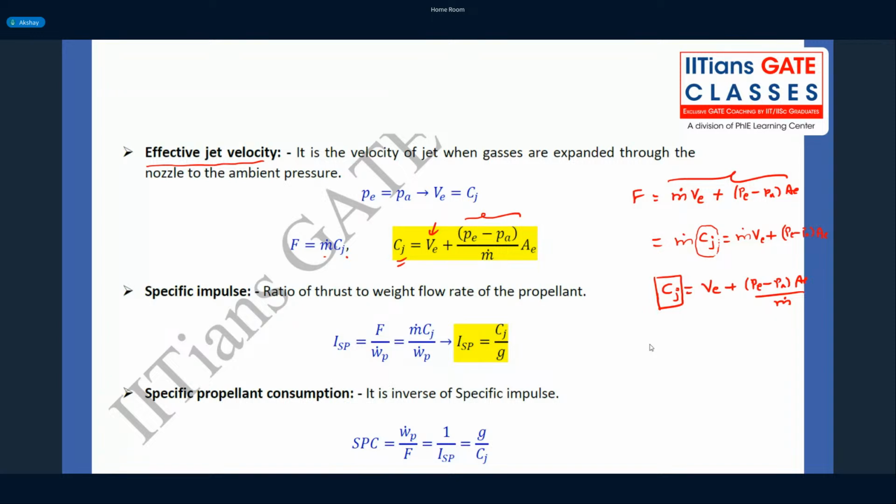One of the important parameters is the specific thrust. How do we define the specific thrust? We usually define the specific thrust as the total impulse per weight flow rate of the flow.